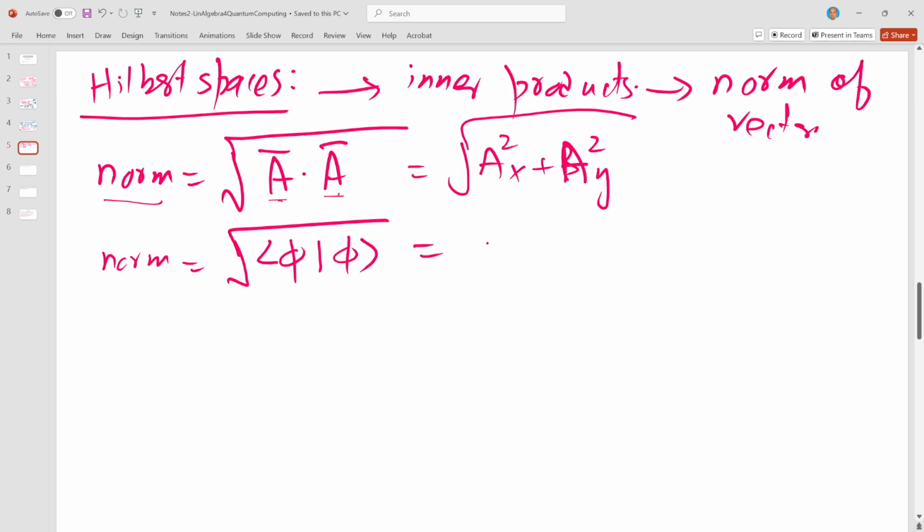So this phi is, let's say, C and D, square root.